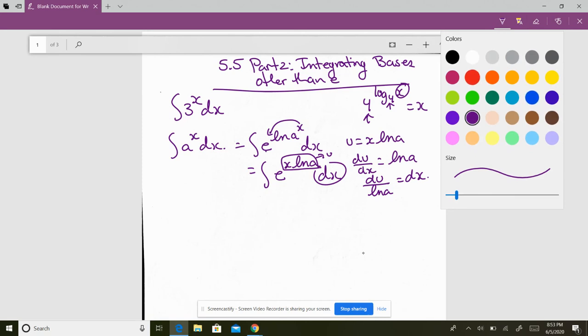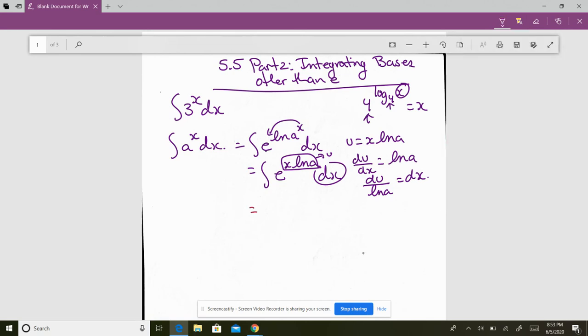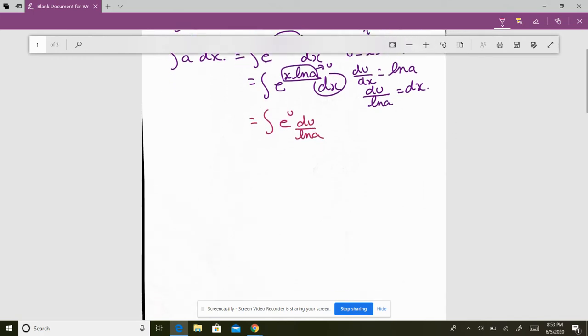So our integral now becomes e to the u, and instead of dx, it's du over natural log of a. Looks weird that we have a natural log in there, but it's natural log of a constant. So I pull that out. e to the u du. What's the integral of e to the u? Well, that's just e to the u plus c.